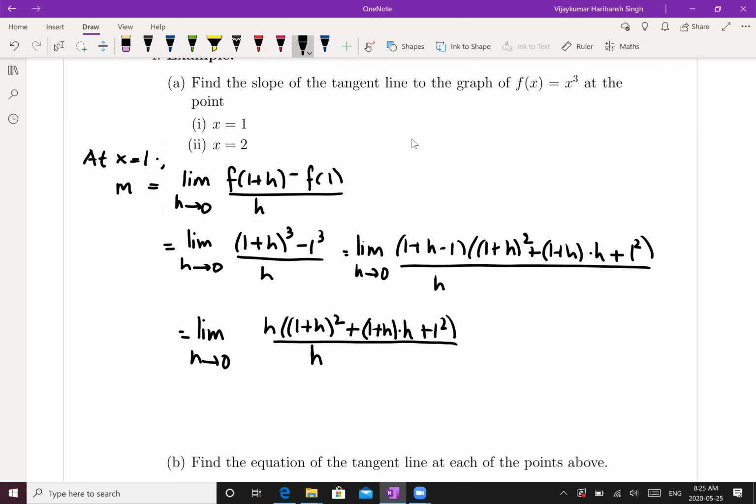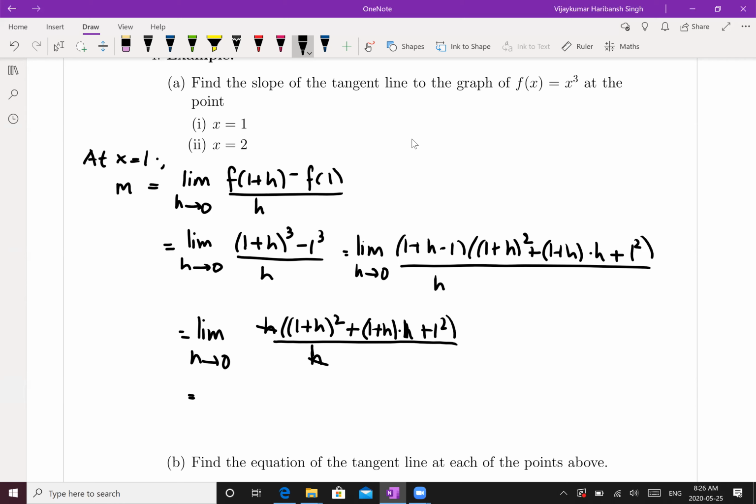Now, this h and this h will cancel. And then what do we get? We get, as h goes to 0, 1 plus h square plus 1 plus h times h plus 1.